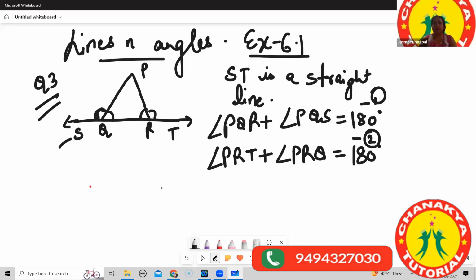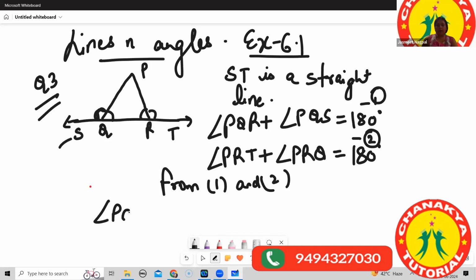Now, from the first and second, you will add your LHS together and add your RHS together. So, PQS plus PQR is equal to PRT plus PRQ.